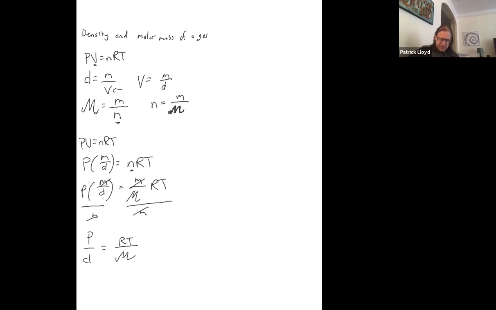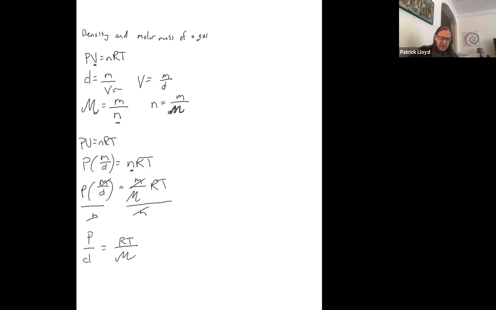This equation is very useful because it relates the pressure of a gas to its molar mass and density, and it does depend on the temperature. Notice volume is now gone and moles are now gone. So it doesn't matter what the volume is or what the moles are. The relationship is between pressure, density, temperature, and molar mass.